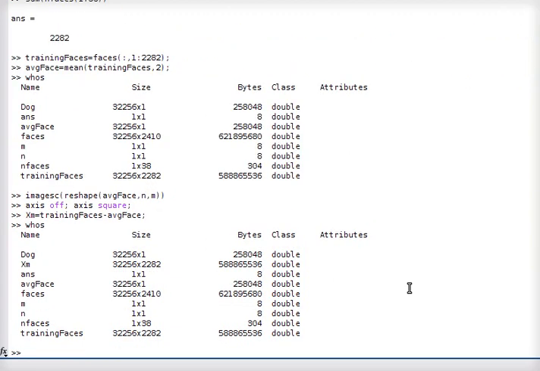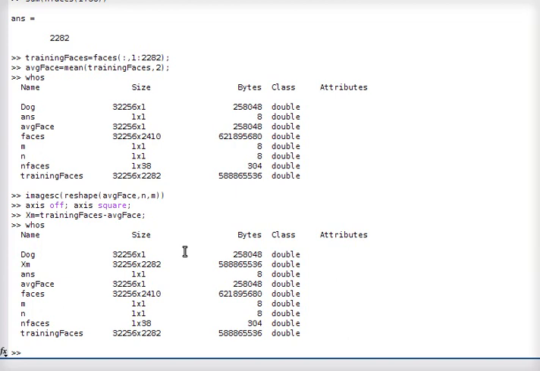And whose XM, you'll notice, is 32256 by 2282, which is the correct size. Notice that I'm always typing whose because I think it's really important to keep track of the dimensions of your objects here, because this is a lot of linear algebra. If you can keep the dimensions right, you're in good shape. Good. That's all we have to do.